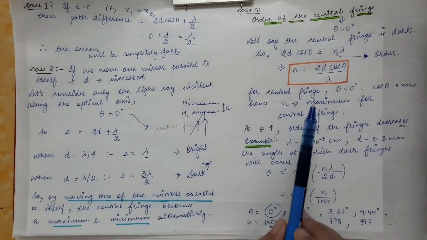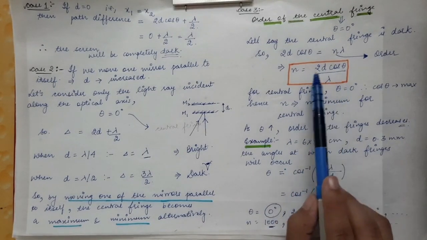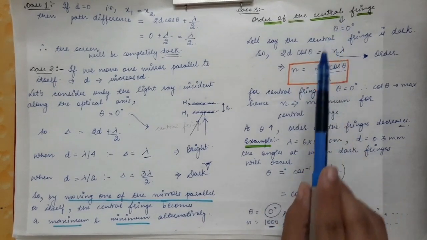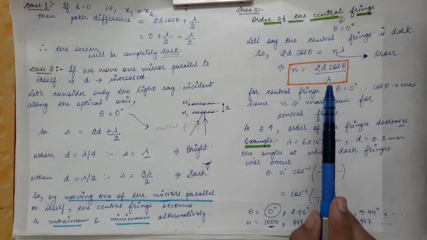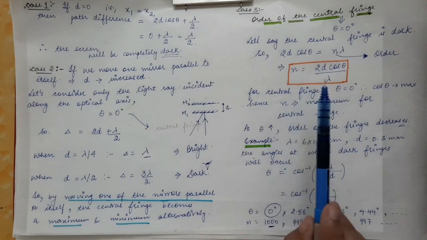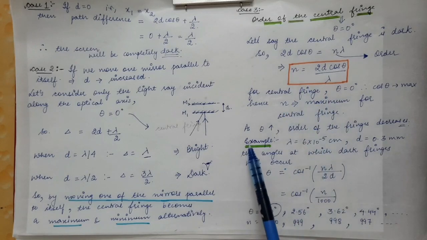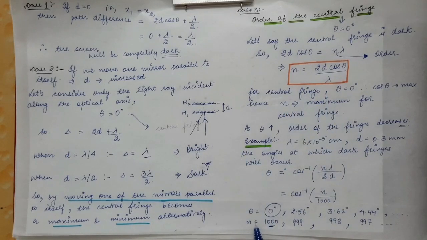More generally we have said that the order of the central fringe will be maximum, and all other fringes around the central fringe will have their order less than that of the central fringe. So this was just a small example to show how the order of the central fringe is maximum.